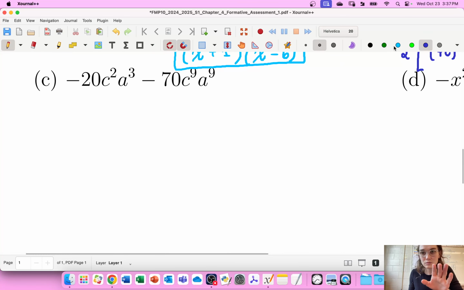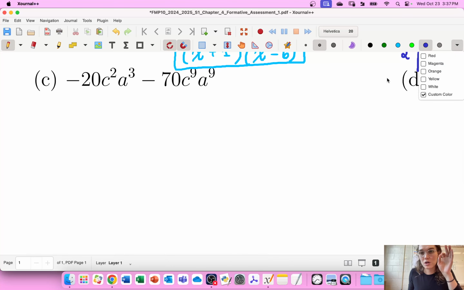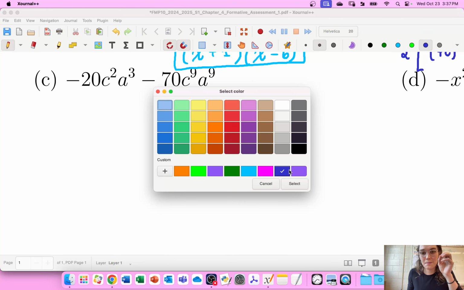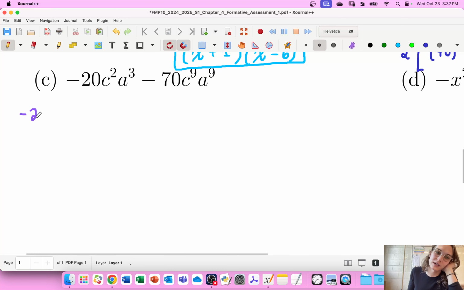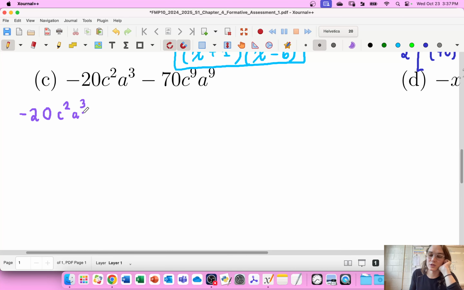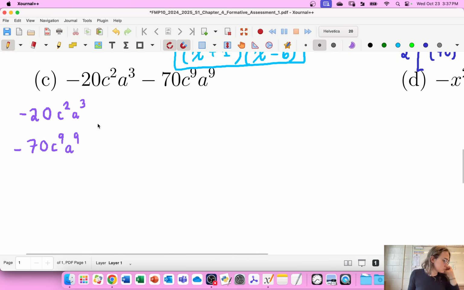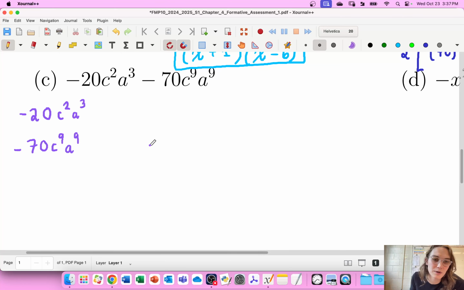Okay, so first question. Do I have a greatest common factor? Let's do our prime factor thing here because maybe it's confusing. So the terms that we have are, I'm just making sure, c to the power of 9, a to the power of 9.